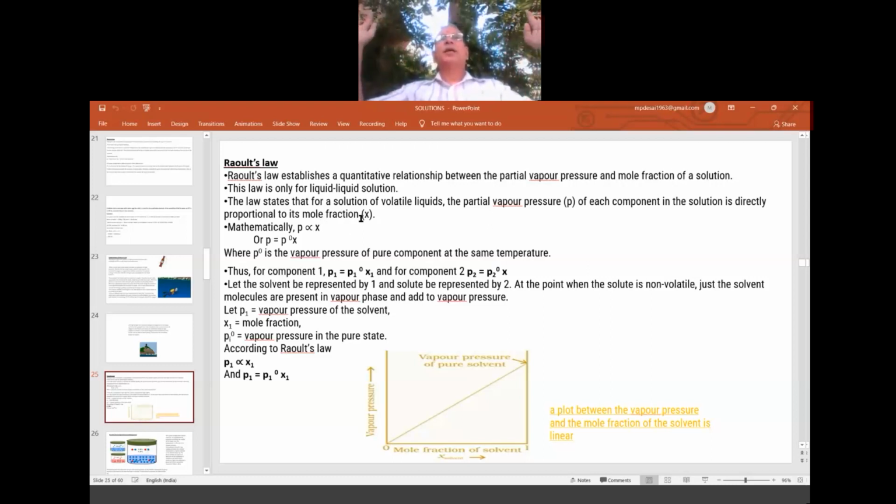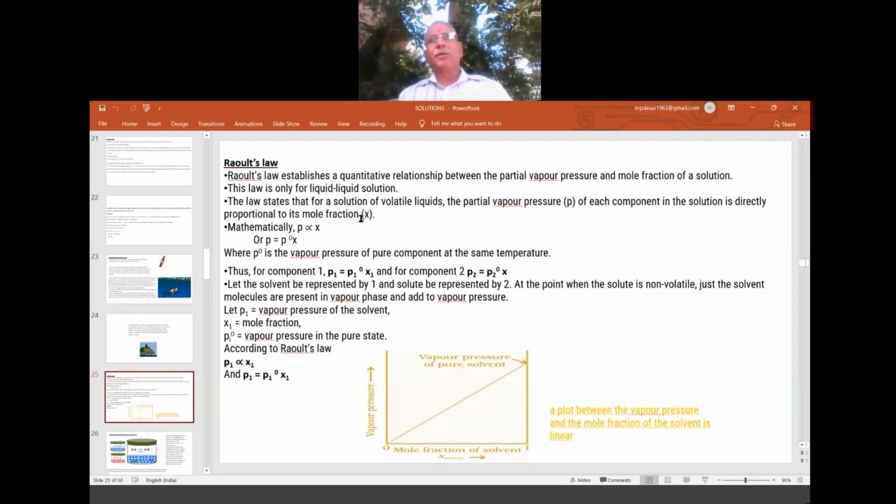For example, if I take a combination of water and alcohol, alcohol is more volatile than water. So in a mixture, if more alcohol is there, more vapors will come in the vapor state. Say hardly 5 ml of water and 100 ml of alcohol.